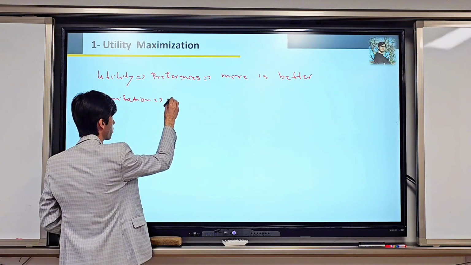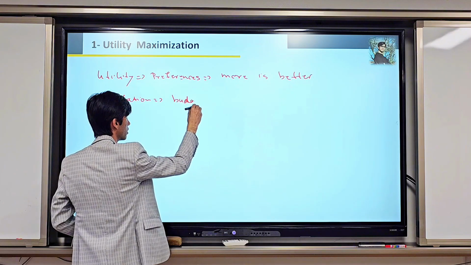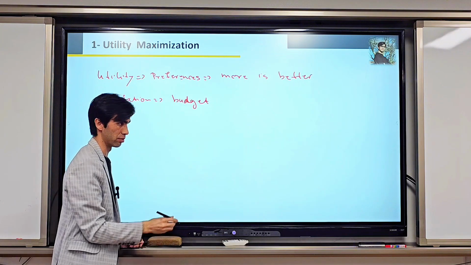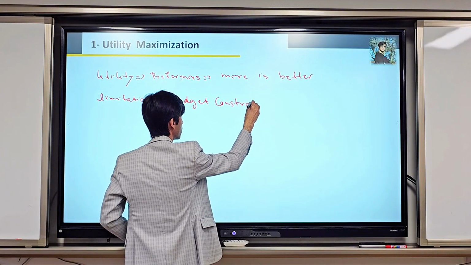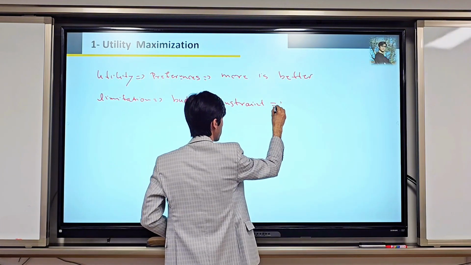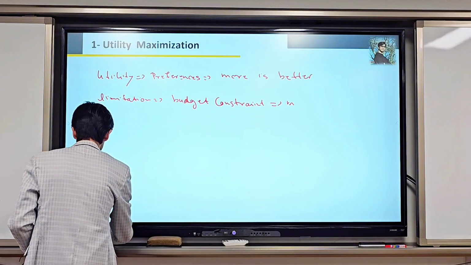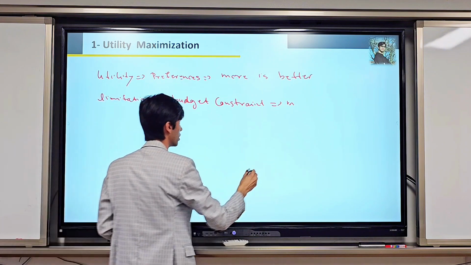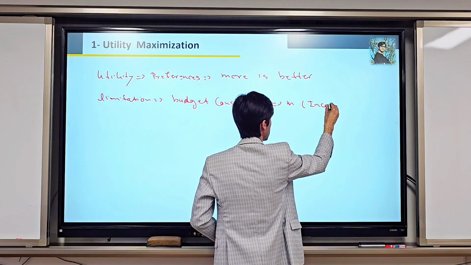This limitation is our budget, our budget constraint. Where does this budget constraint come from? It comes from our income level, M, which we use for income level.